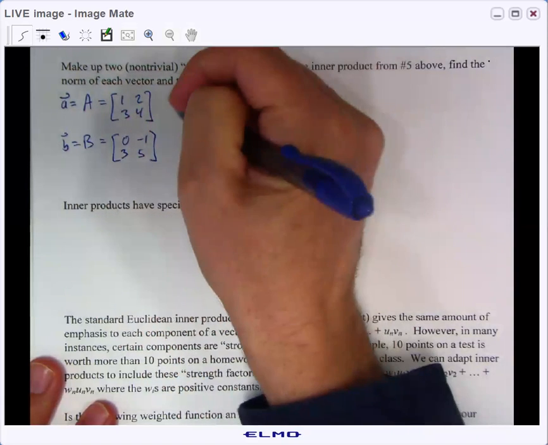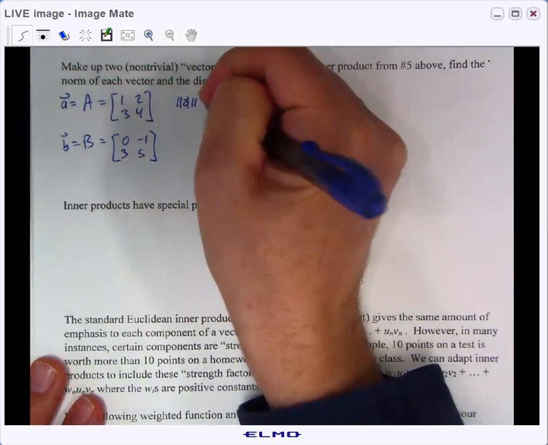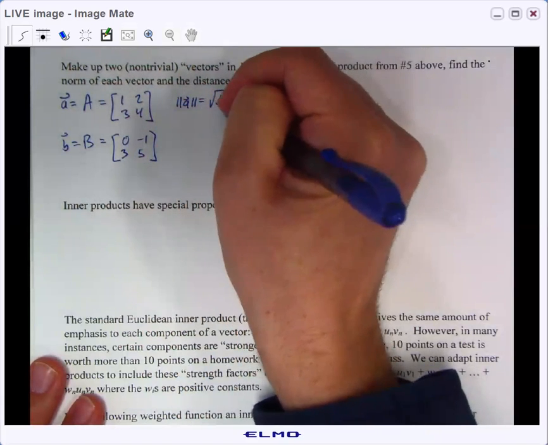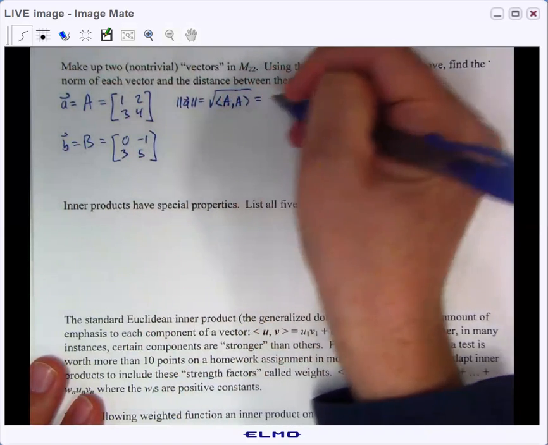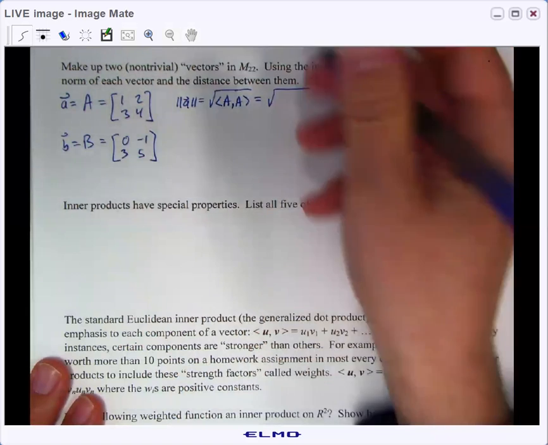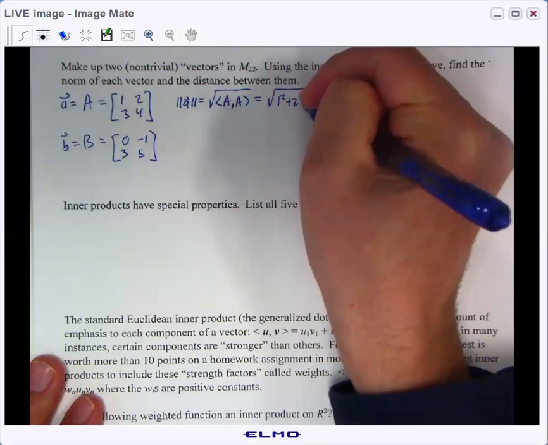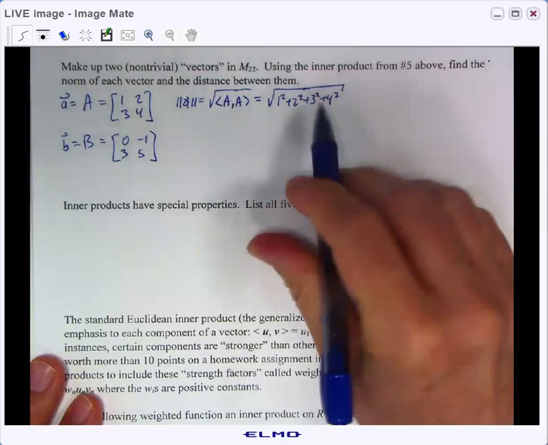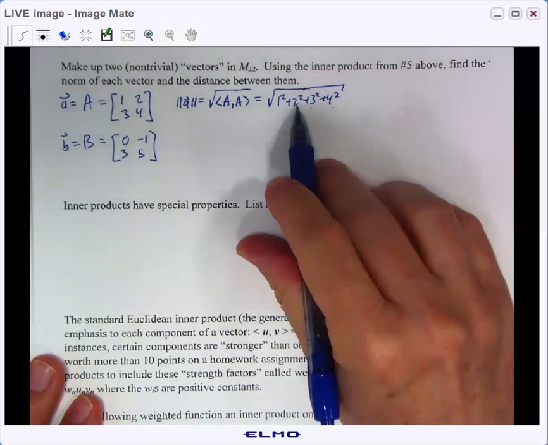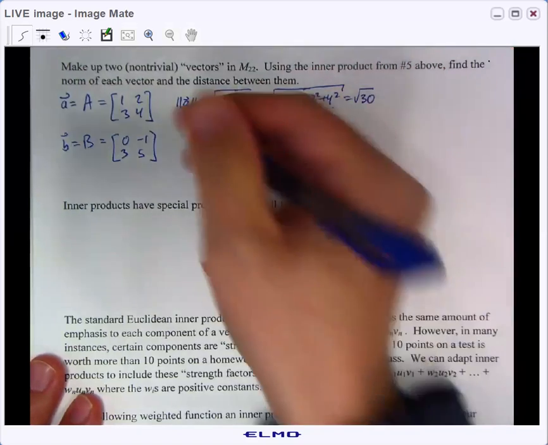Okay, so the magnitude of vector A would be the square root of A inner product A, which using our inner product from above is the square root of 1 squared plus 2 squared plus 3 squared plus 4 squared. That's 16 plus 9 is 25, plus 5 more is the square root of 30.